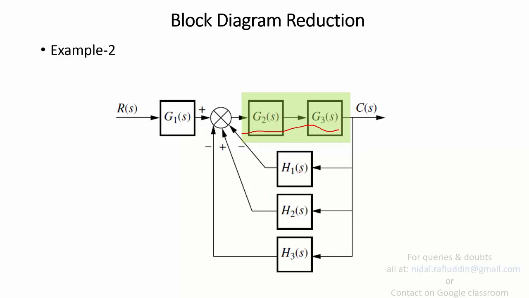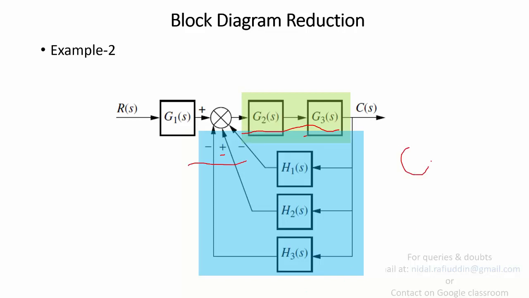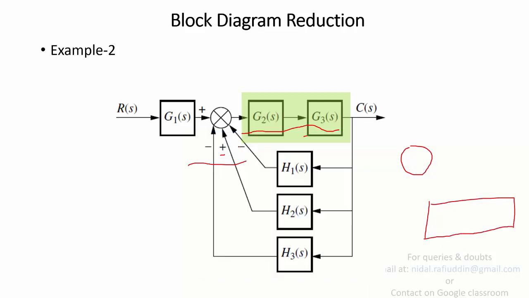If we represent these blocks by a parallel combination, whether they are going to be summed or subtracted depends upon the sign that we are taking at the comparator side.